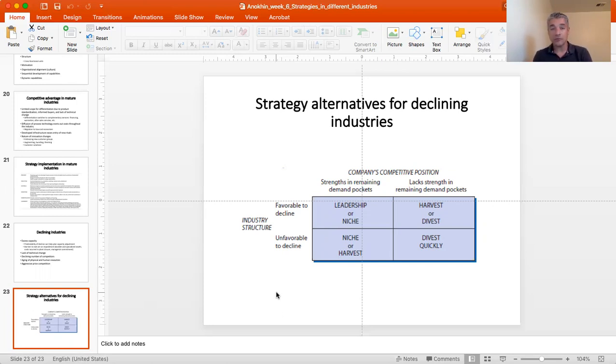If you develop this leadership position, then you are probably the last one to fall, right? You will see a lot of other companies exit the industry while you can remain there and collect at least something from customers who are still using that obsolete product.